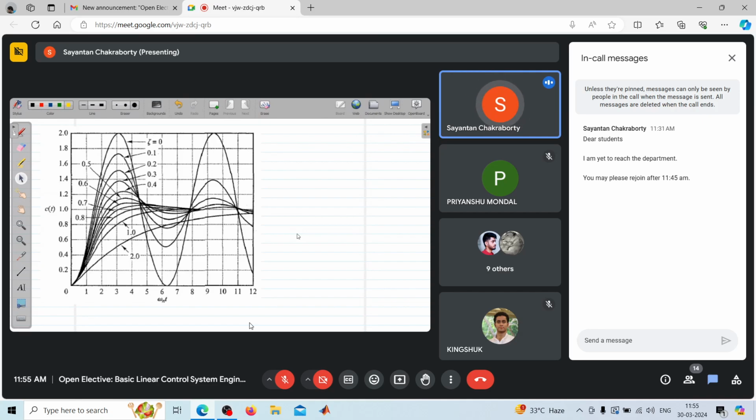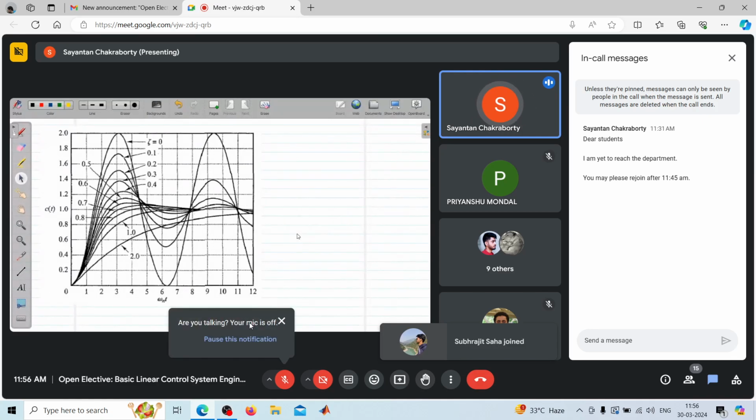Then finally, since we are engineers, we need to quantitatively specify the response. For that, we need some performance indices to be specified. So what is the problem statement then? In many practical situations, the desired performance characteristics are often specified in terms of certain time domain quantities.